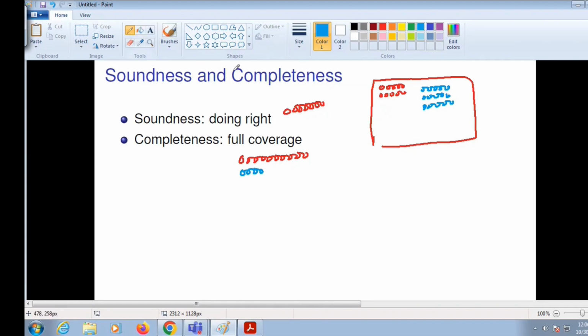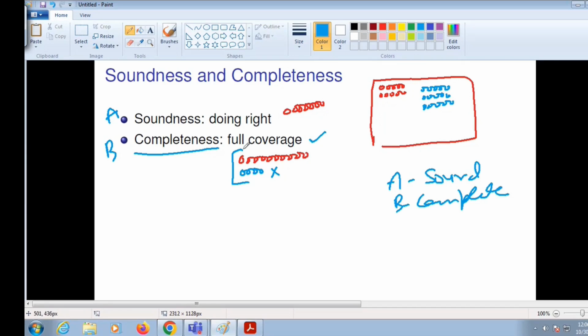This particular person has given me all the red balls, along with some wrong things that he has also given, but he has full coverage. Then we say that he is complete, because he has given me the complete thing. So if I say this is the first person and this is the second person, A is sound, B is complete.